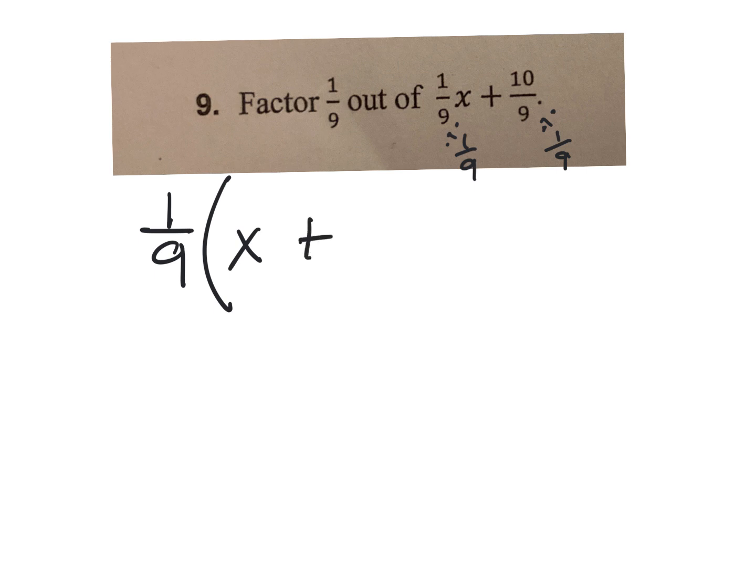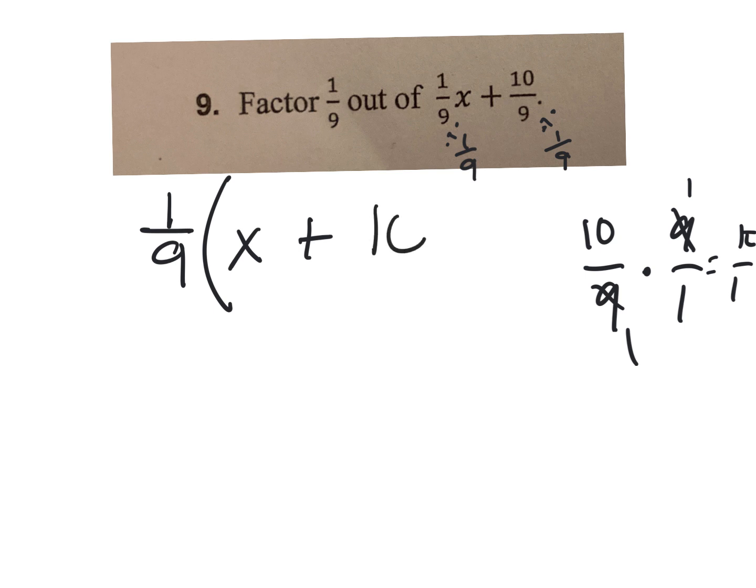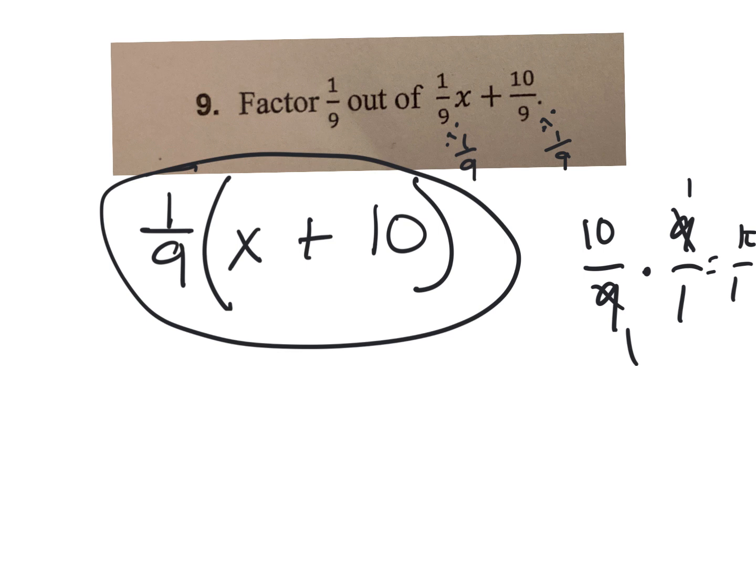And if I go 10/9, instead of divided by 1/9, we'll times it by the reciprocal. Then that becomes a 1, that becomes a 1. That equals 10/1, which is the same as 10. So my answer is 1/9 parenthesis x plus 10.